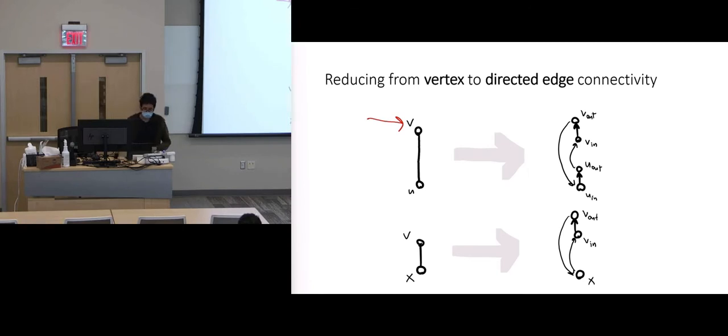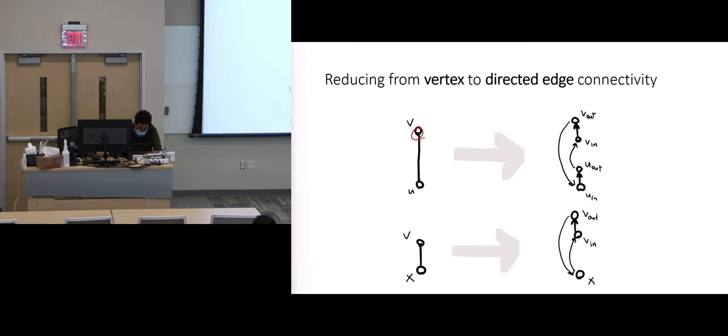If there is an edge between two nodes, then you split each node V into two nodes, V in and V out, and add an edge directed from V in to V out.